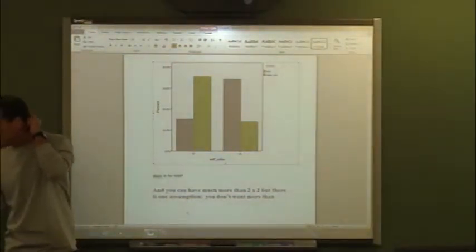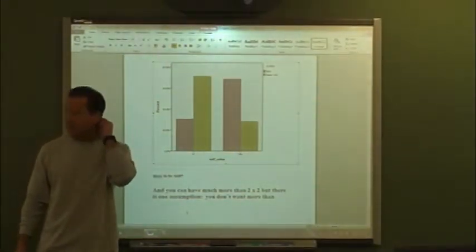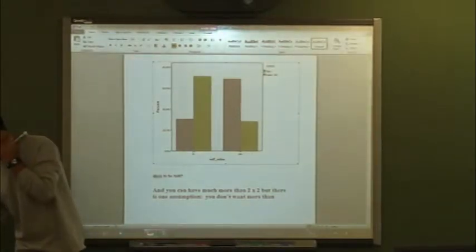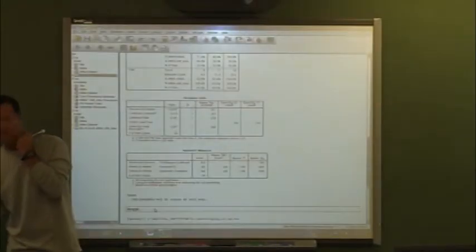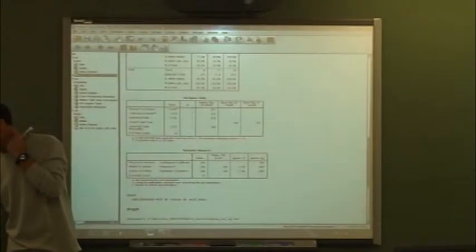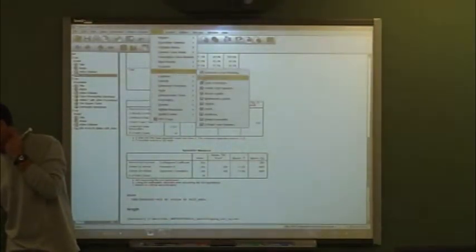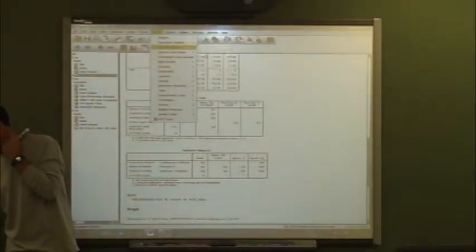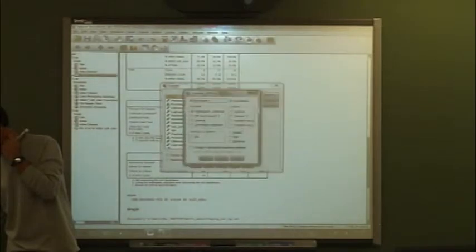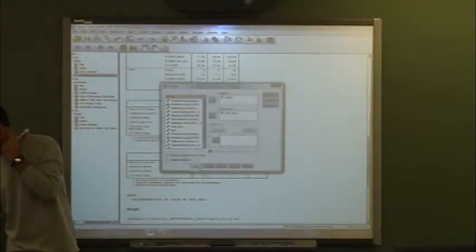Now, I do want to show you one thing here that I'm starting to do in my reports, and I'm having my dissertation students do it. Go into the chi-square, and under statistics, add a thing called risk.